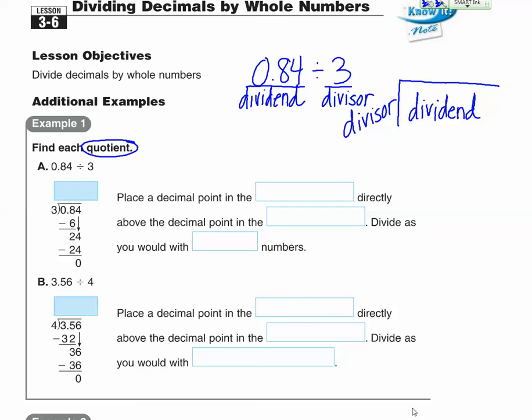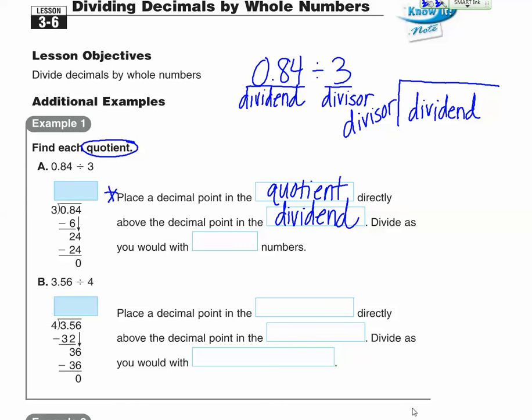What you're going to do is follow the steps here. Place a decimal point in the quotient. So remember, the quotient is the answer. In the quotient directly above the decimal point in the dividend. So let's take a look.